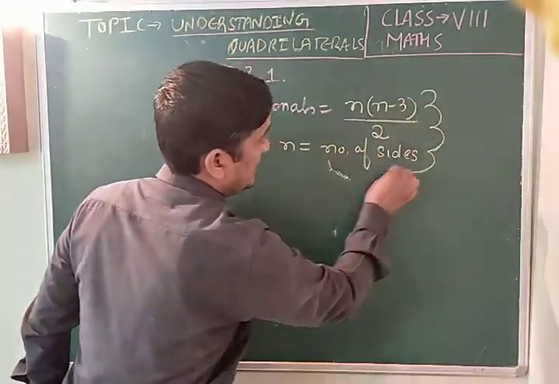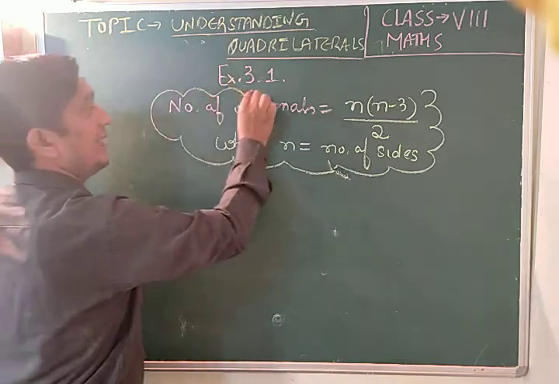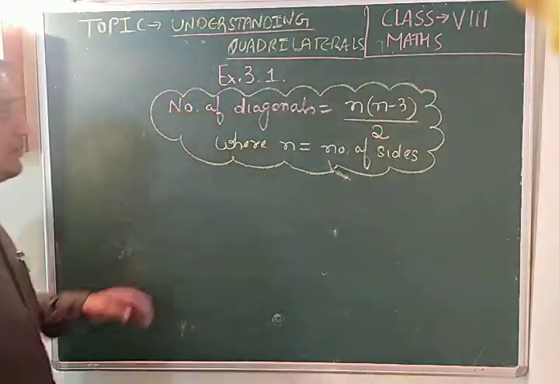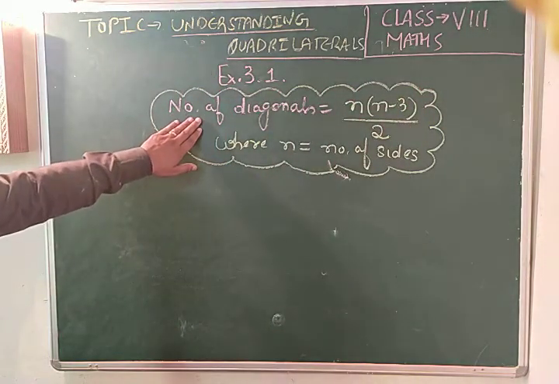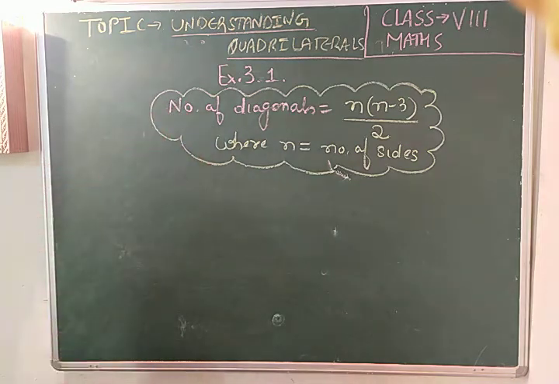We have to learn this formula and we will be able to find the number of diagonals of any polygon.